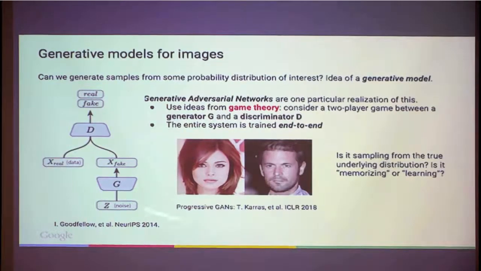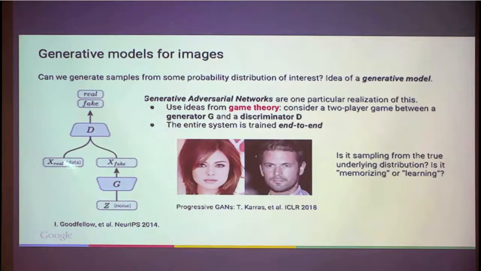So G, the generator, is the thing that in the end you're going to use. What you do with it is you send in noise, and it's going to produce samples X, say samples of images, samples of faces. And you would like this generator to actually be good, because you want to produce some fake samples from this underlying distribution that you want to be able to characterize.